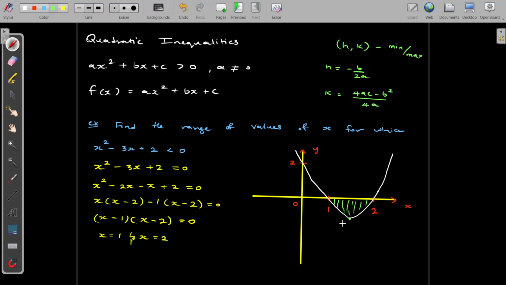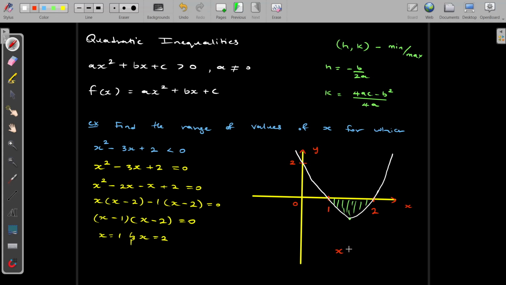However, they want these as a set builder notation. So we'll have to write it as x would be greater than 1 and less than 2.